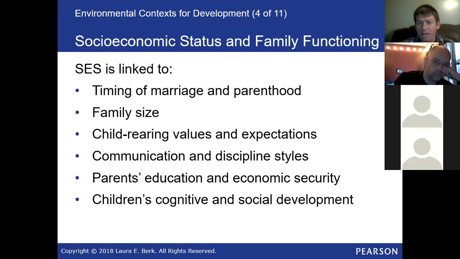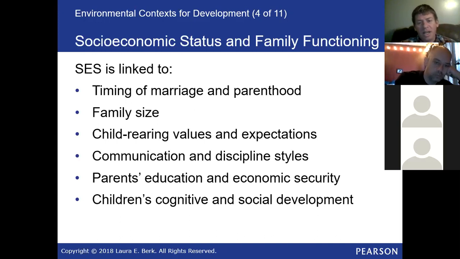With education comes, pretty much it should be guaranteed, better quality communication, more appropriate disciplining styles. So not this authoritarian style. We're going to learn about this later, but authoritative, where there's a warm bond between the caregiver and the child or children. But there's also appropriate discipline.